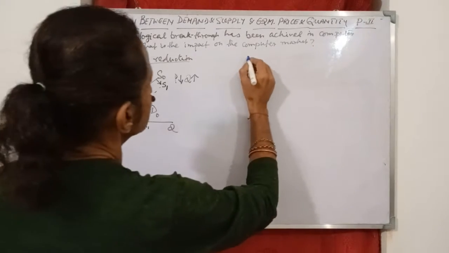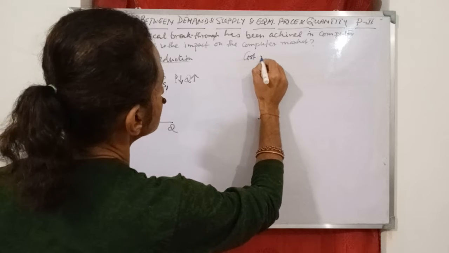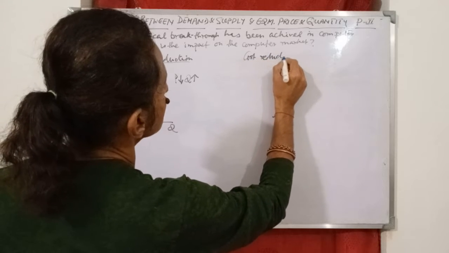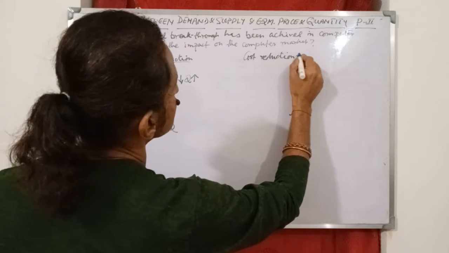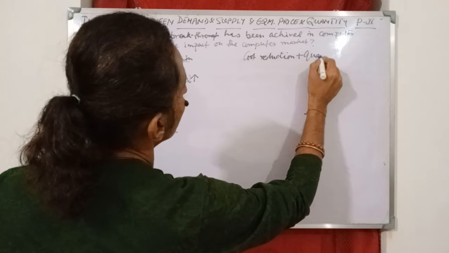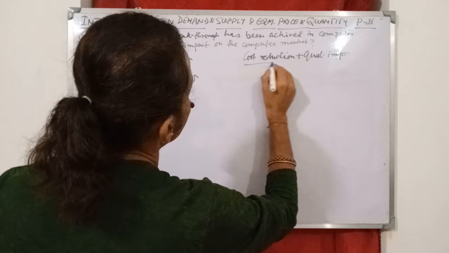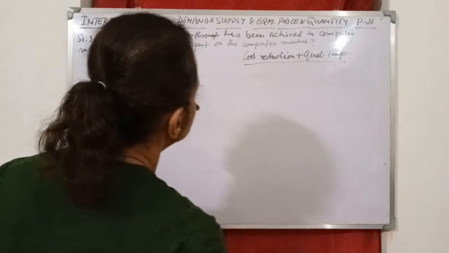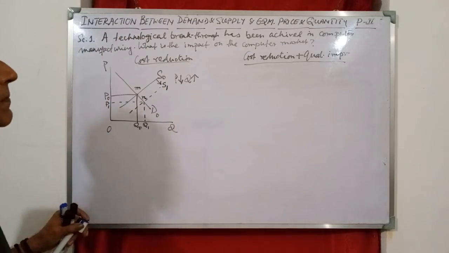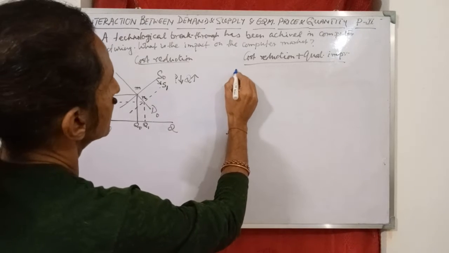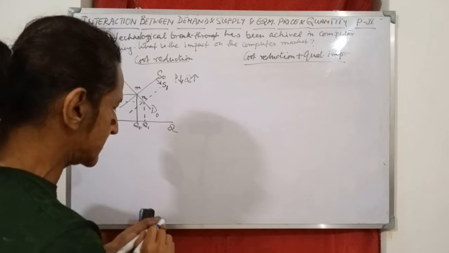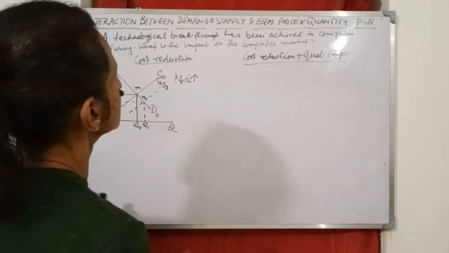Next, we consider cost reduction plus qualitative improvement. I am writing in short due to lack of space. Again, we start with the assumption that the market is in equilibrium.